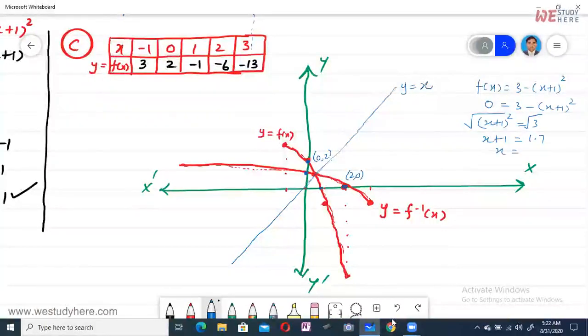Then x equal to 1.7 minus 1 will be 0.7. It means this point has x coordinate 0 and y coordinate 0.7, and this one has x coordinate 0.7 and y coordinate 0. These are the points where y is equal to f of x and y equal to f inverse of x meet the axes.